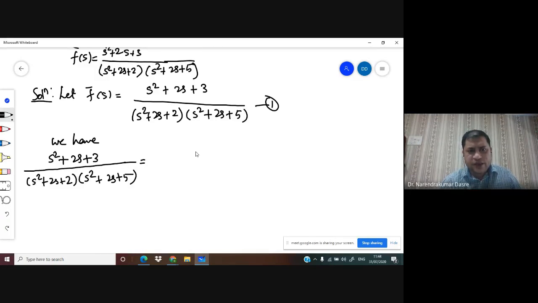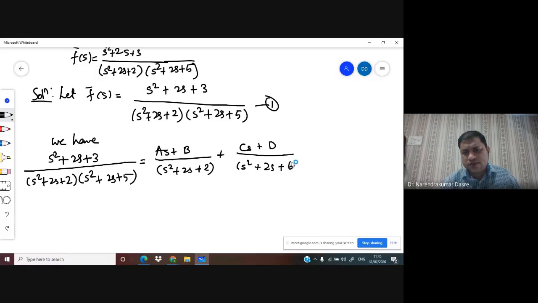Here, being a quadratic factor, I have to consider the numerator as as plus b over the first factor, s square plus 2s plus 2, plus cs plus d over s square plus 2s plus 5.